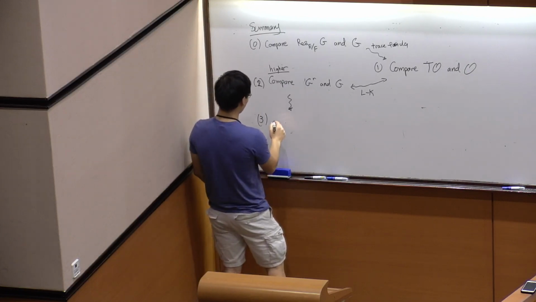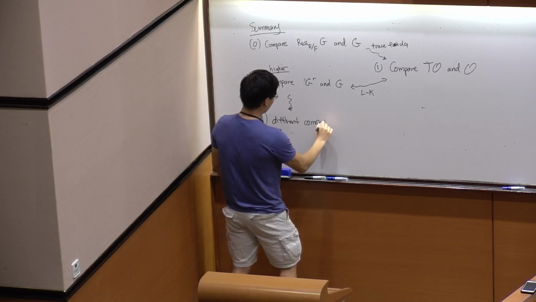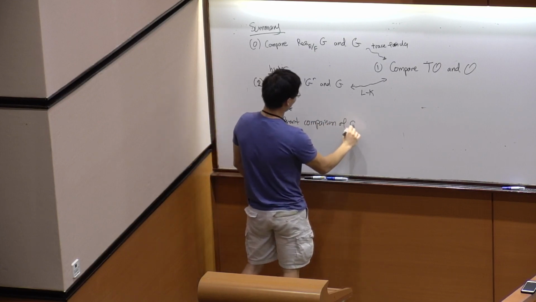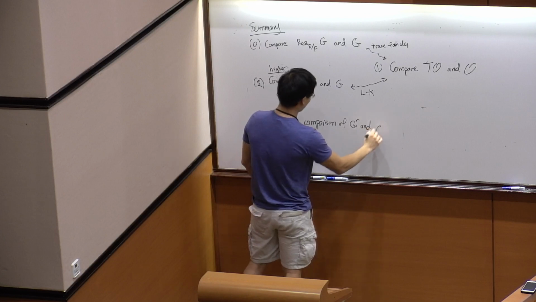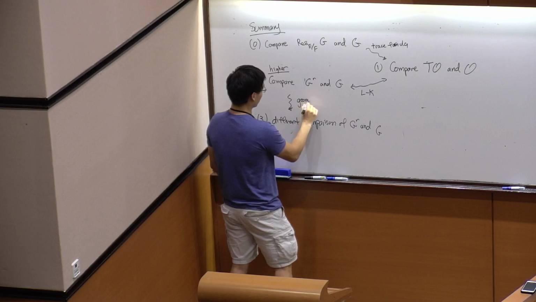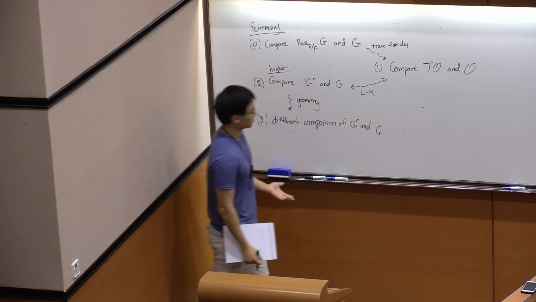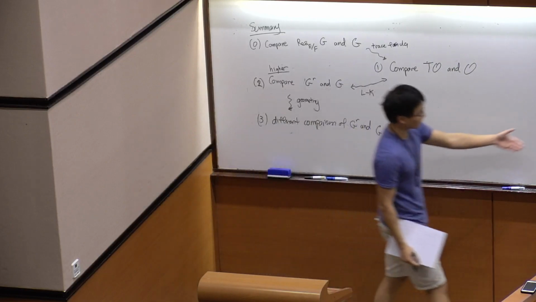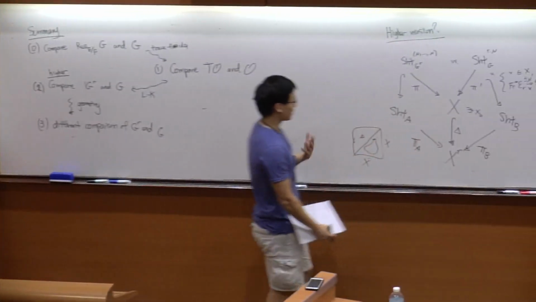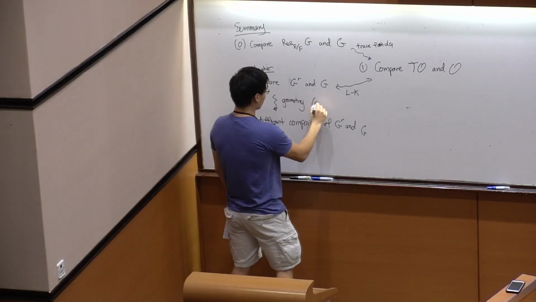A different comparison of G to the R and G. So this deformation used algebraic geometry, and it's one which we could not have carried out in characteristic 0 because these objects, like this bigger object in X to the R, don't exist in characteristic 0. So this was some sort of continuity argument.